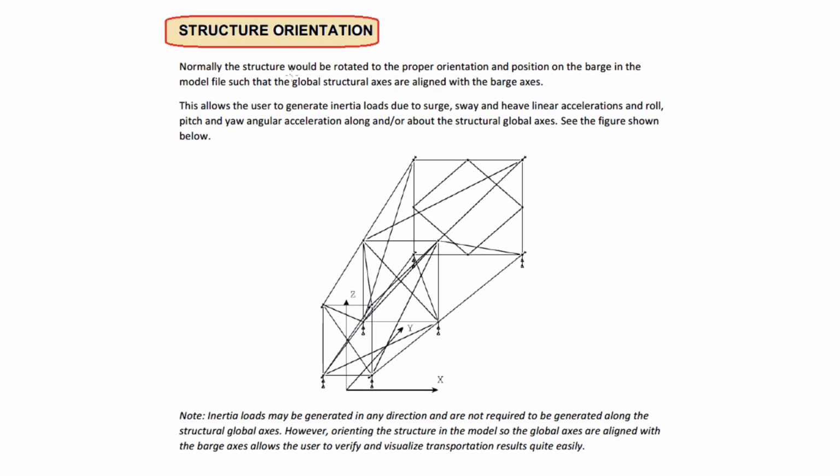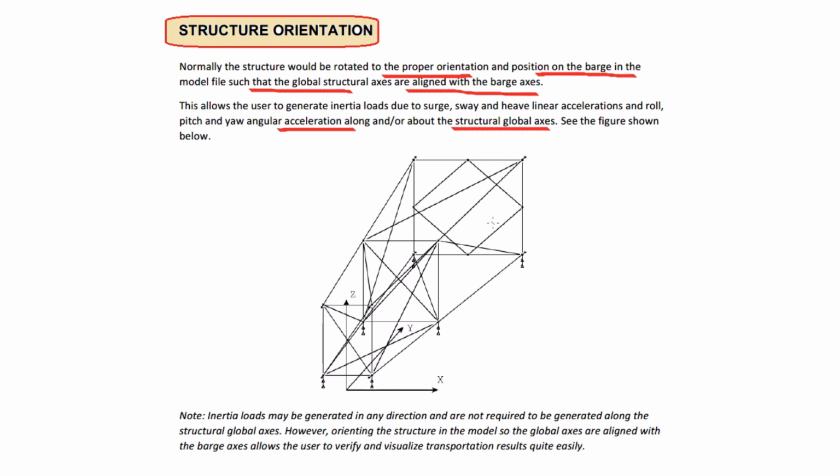Normally the structure will be rotated to the proper orientation and position on the barge in the model file such that the global structural axes are aligned with the barge axis. Actually there are two axes, one is the barge axis, another one is the structure axis. This allows the user to generate inertial loads due to surge, sway, heave linear accelerations, and roll, pitch angular accelerations along and or about the structural global axis.